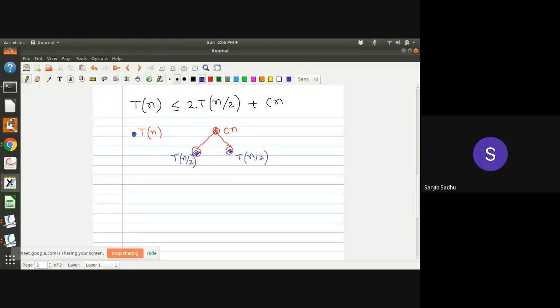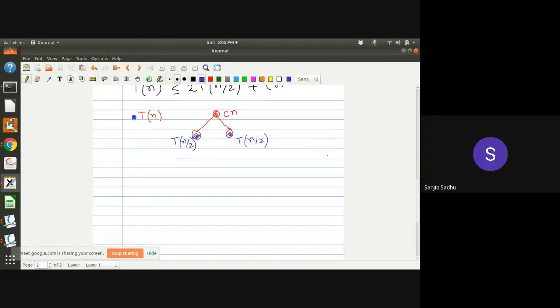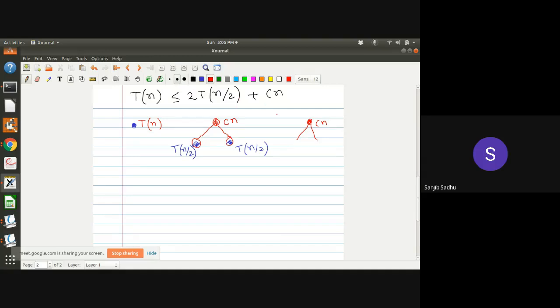Now again you replace this by extending the tree. This was the Cn, and here Tn by 2 also can be replaced by its cost Cn by 2, and it will have two nodes whose values will be Tn upon 4, Tn upon 4.